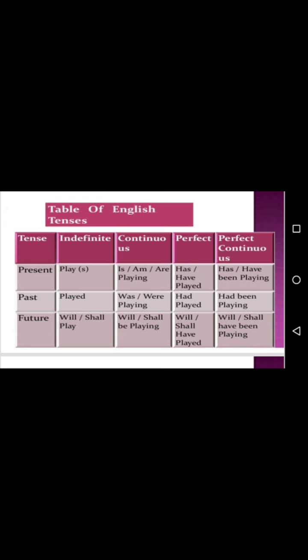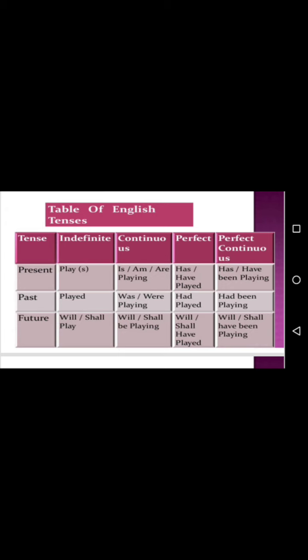And how the verbs have to be used is given in this table. Below that, in the third box in the second column, you can see simple past tense, and the next is simple future tense.